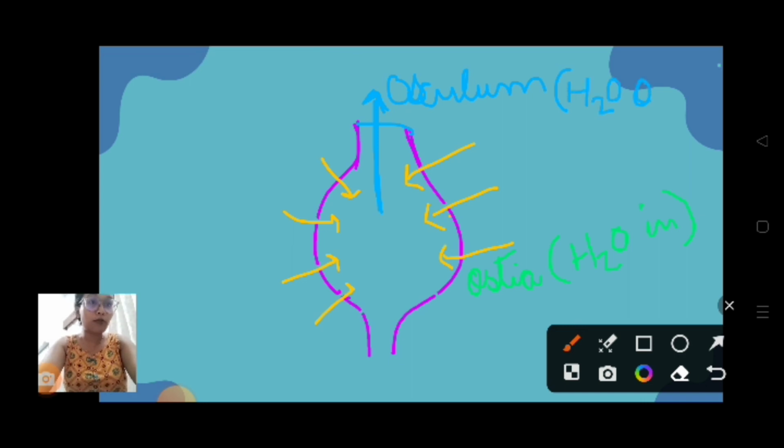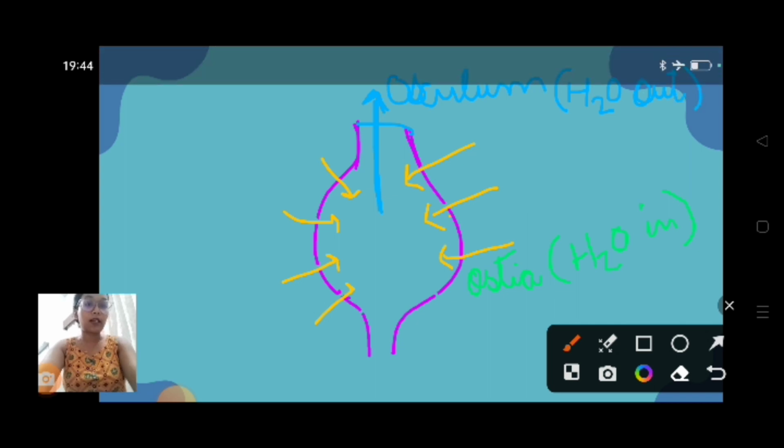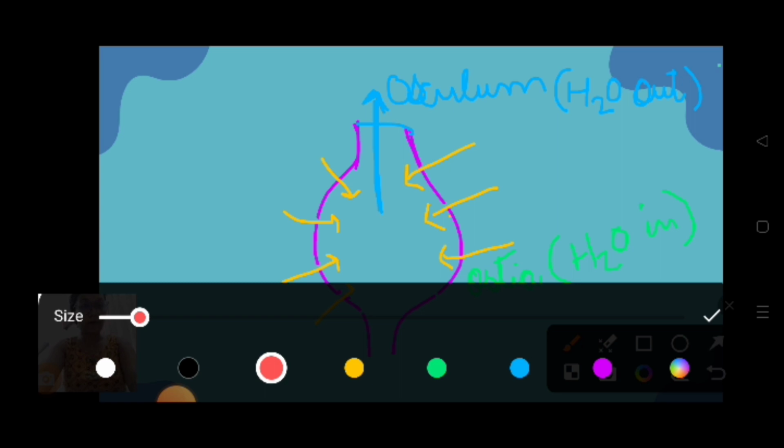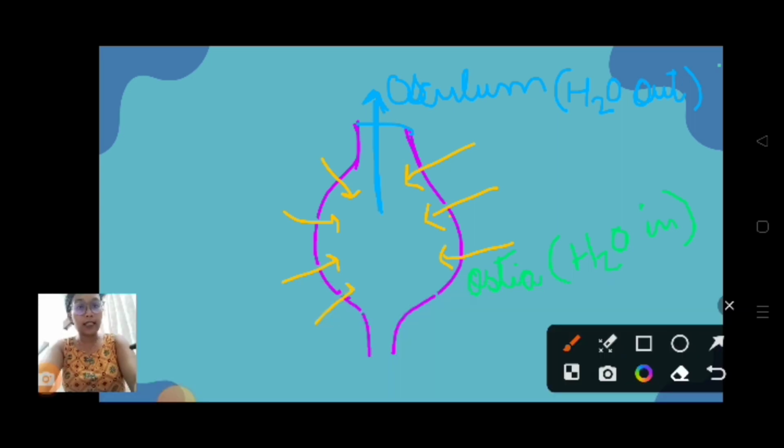Water out. Is it clear? And this central cavity is known as your spongocoel. And this spongocoel is lined by these cells.